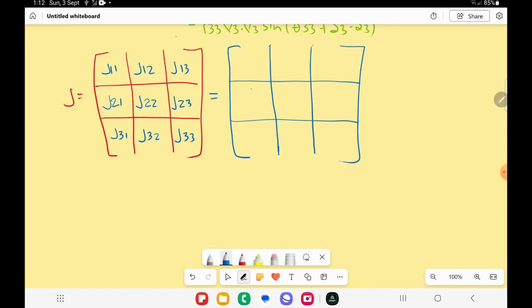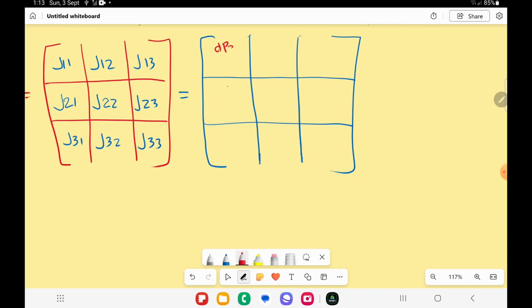So for J11 element, we have a partial derivative of P2 in terms of delta 2. For J12, we have partial derivative of P2 in terms of delta 3.